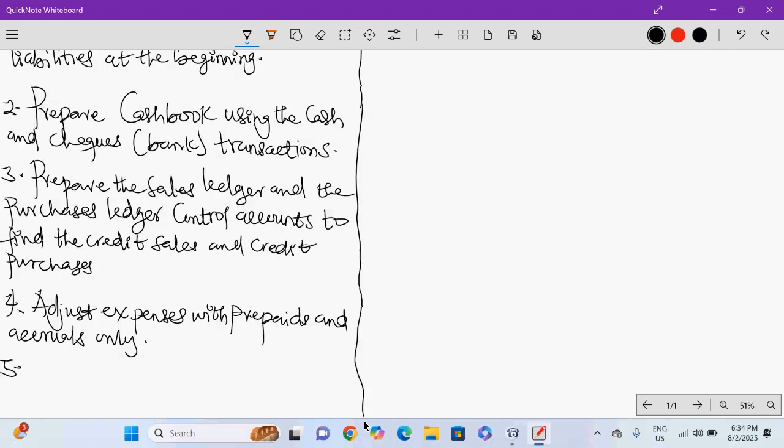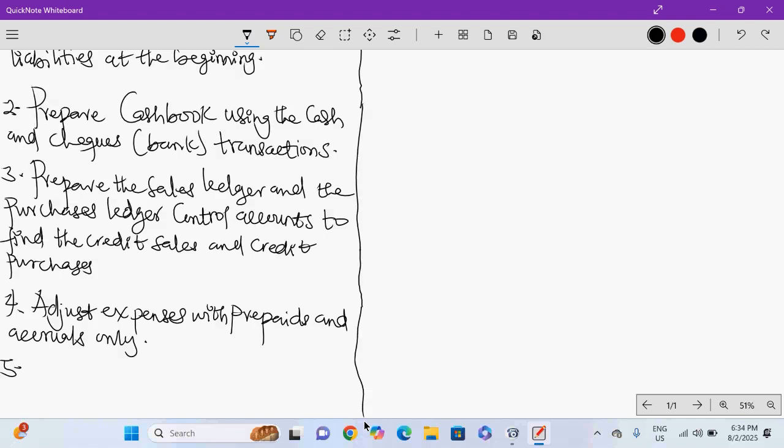That is accruals. And prepayment is when you pay in advance. So they pay the expenses in advance. You have to adjust them. Right? So we did this under the not-for-profit making organization, but we'll go through them here too.